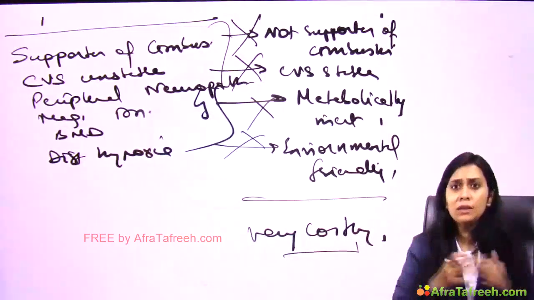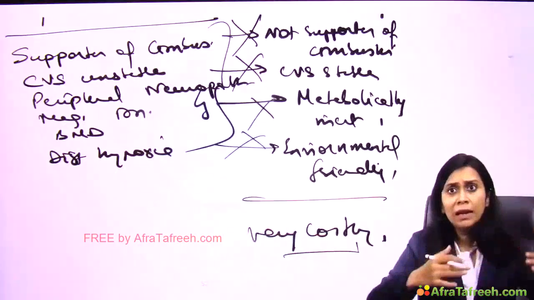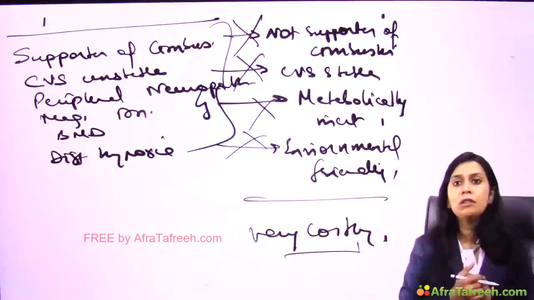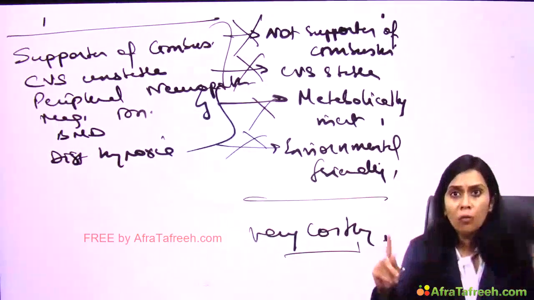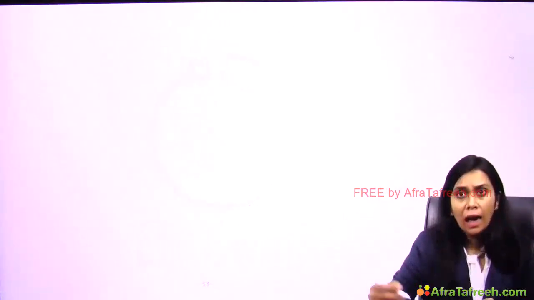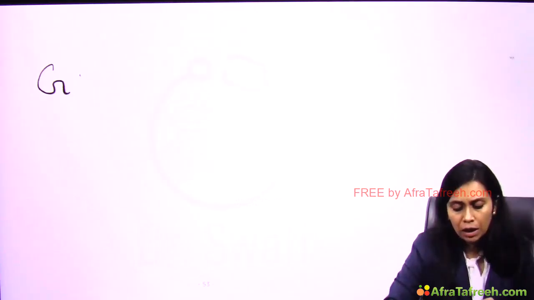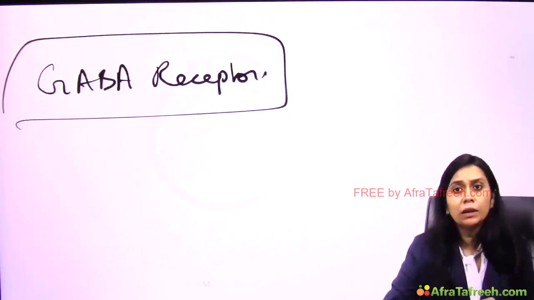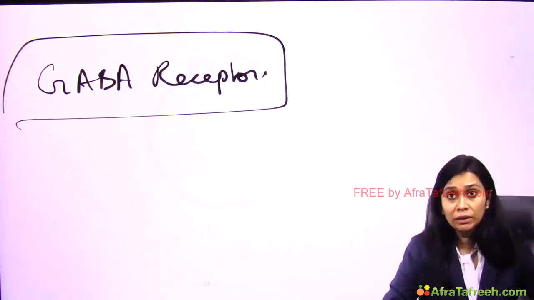Both act on the central nervous system. In inhalational also I haven't mentioned where on the CNS. In IV also I will not mention where on the CNS, because I want all of you to remember that all inhalational, all IV agents act on the GABA receptor in the brain. All inhalational, all IV, except two agents.